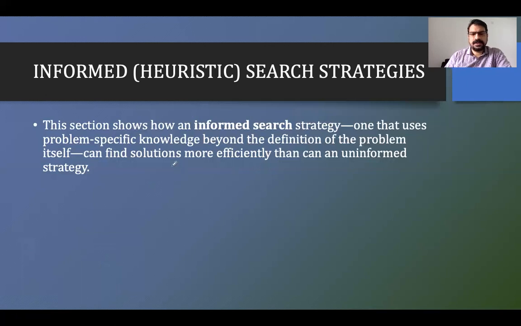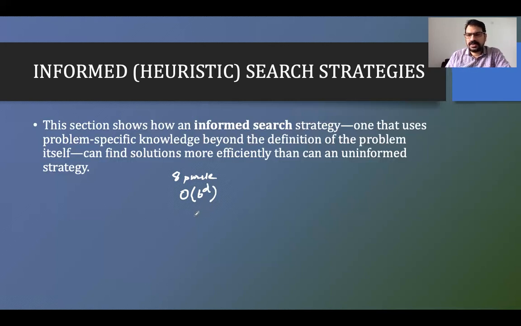So previously we have seen some problems, let's say the 8 puzzle problem. In the 8 puzzle problem, the time complexity of finding the solution is b to the power of d. b is the branching factor, and d is the depth of the solution.